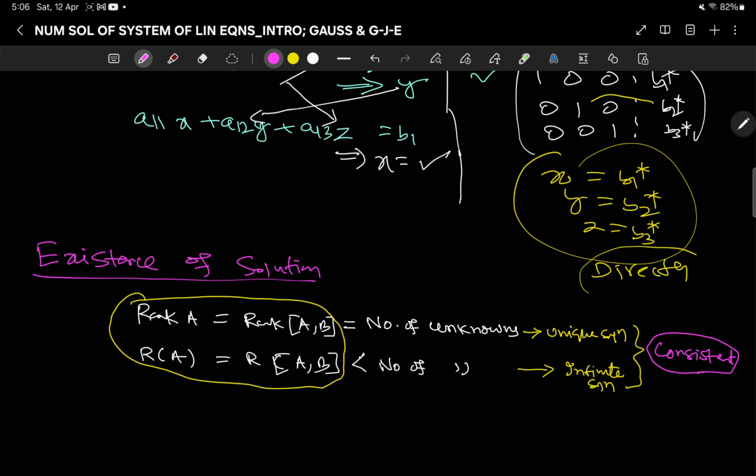Now in the third case, if rank A is not equal to rank AB, then in this case we have no solution. No solution means the system is inconsistent.